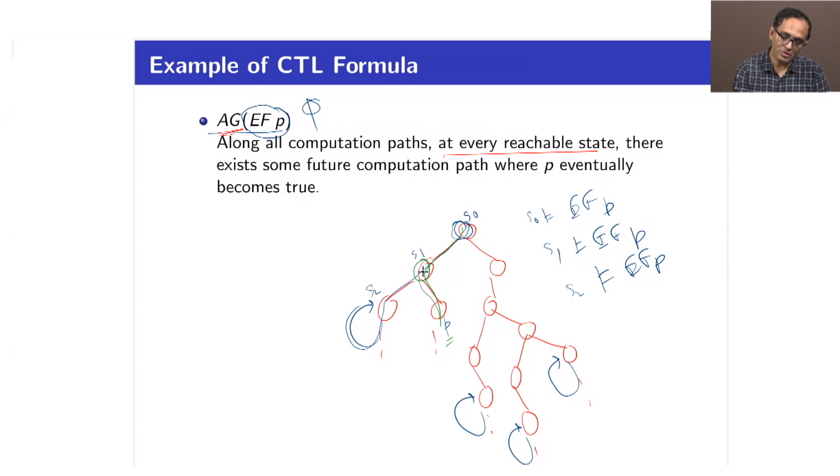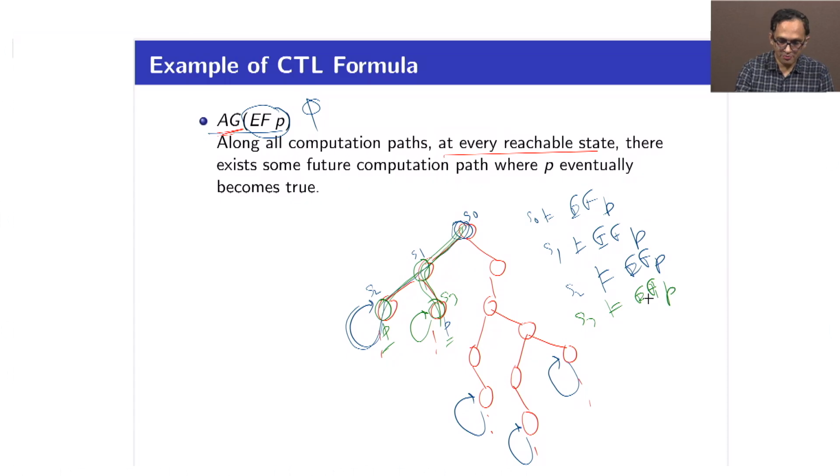Again S1 is also true, because there are two paths, in one path this holds, right. Similarly, for S2 it is not the case, because it is not happening. To make this true, you have to put P here, right. If I put P here, then from S2 there is only one path, S2, S2, S2, where P holds in the future, right. So, if this is the mapping, I will say that for this case AG EF P holds, because in this path all states satisfy it. Now, similarly, for this case also, if this is S3, S3 also satisfies EF P, right. So, this part is done.